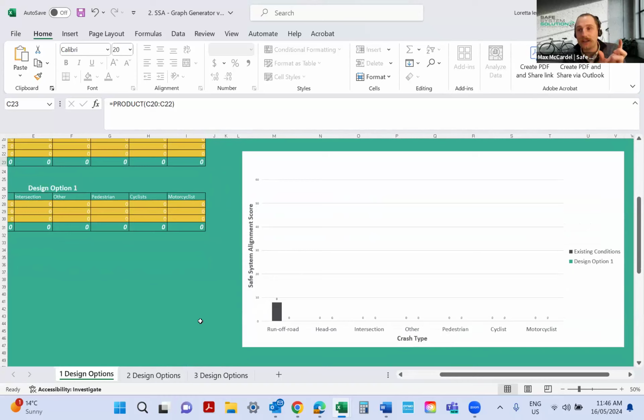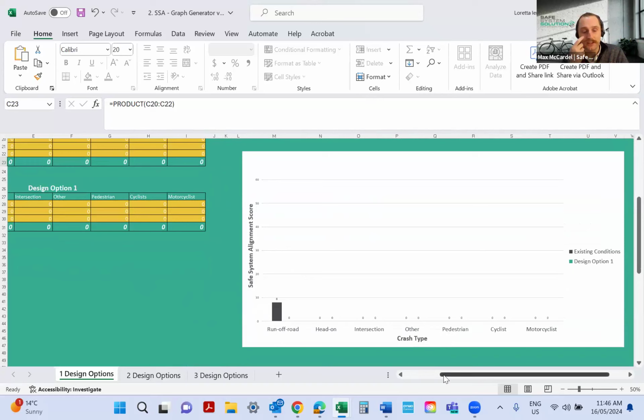Another neat little trick, and this is only if you're completing SSAs in the future: if you use this, which you're welcome to, you can copy the graph, and then within Word, there's paste and link. If you click on that function, it means if you make any changes to this Excel, it automatically updates in Word, so you don't have to keep overriding things.